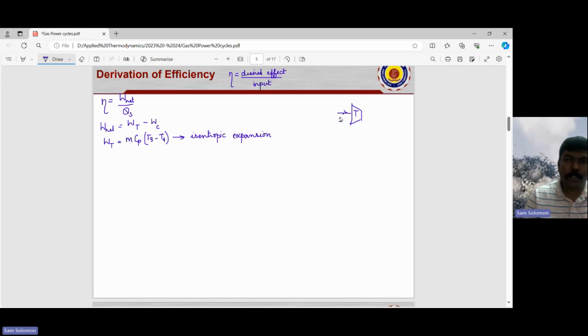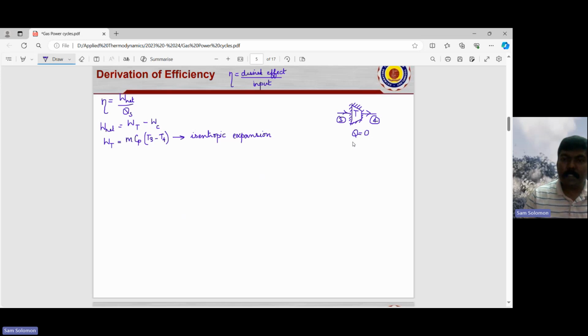The entry for the turbine is going to be state point number 3, and the exit is going to be state point number 4, isn't it? Here, let us assume that it is a perfectly insulated turbine, which means that once the combustion gases have entered the turbine, there is no heat entering the system from the surroundings, and there is no heat lost from the turbine to the surroundings. Okay, so Q happens to be 0.